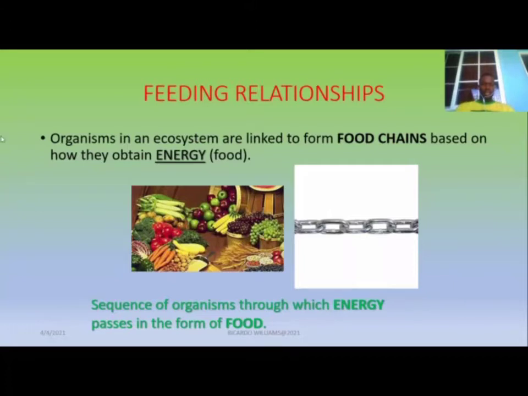If you look at the bottom of the screen, you see in green the sequence of organisms through which energy passes in the form of food. That is what we call a food chain. So a food chain is a sequence of organisms through which energy passes in the form of food.